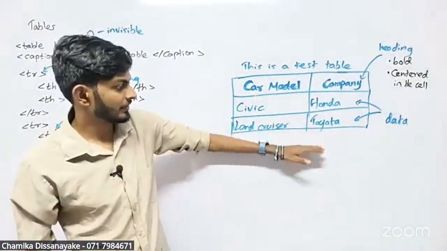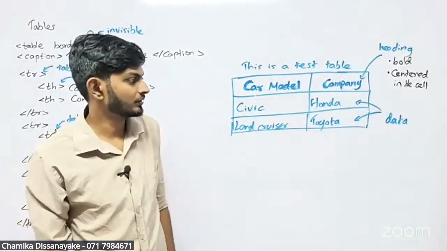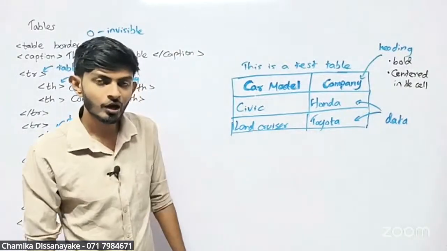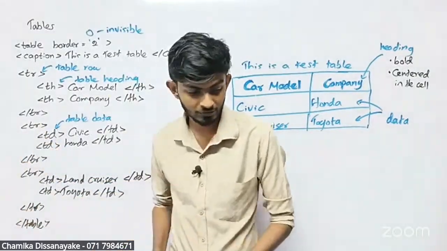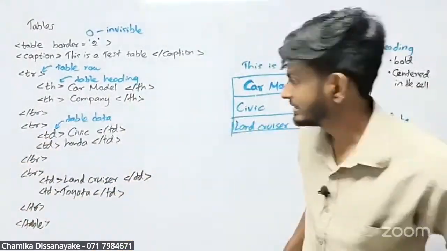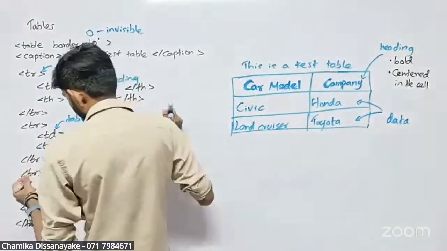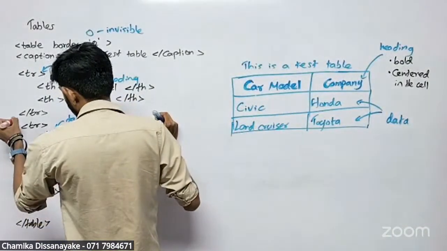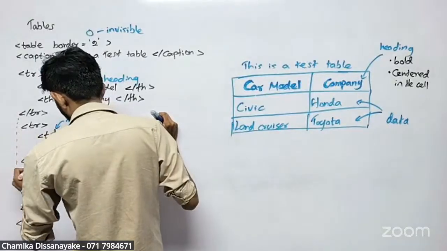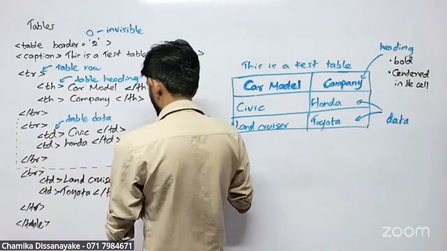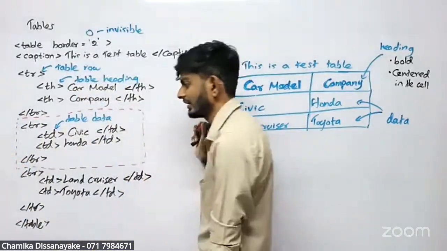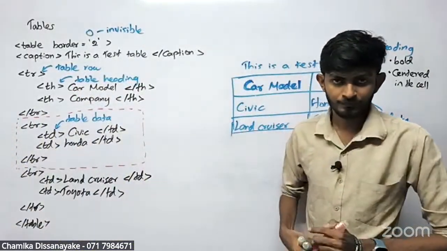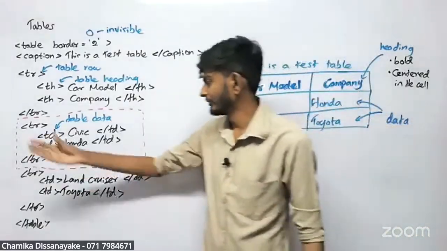If we have another few rows, you know how to include them. You have to create a row, and then we can create details. So this is like one row. Here we are going to create the row.